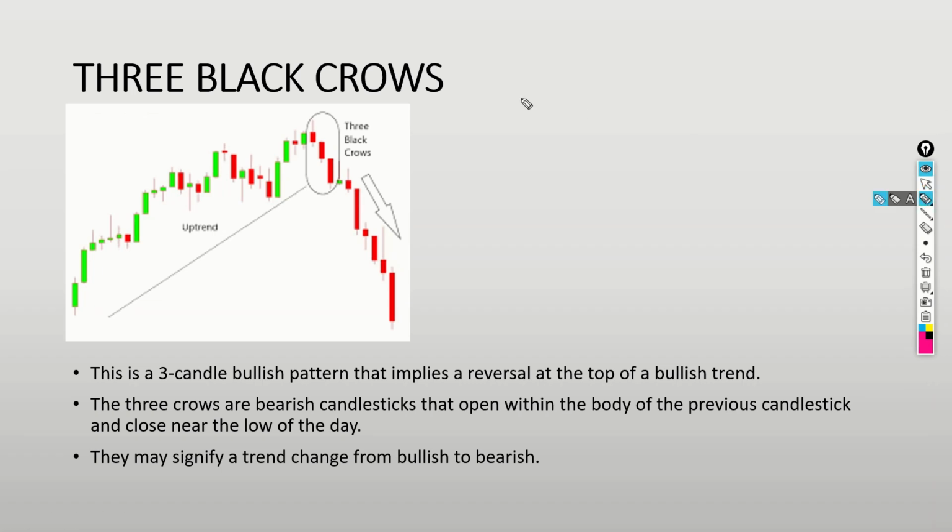So we are going to be looking at another candlestick pattern called the three black crows. This is a three candle bearish pattern that implies a reversal at the top of a bullish trend. Okay, so the three crows are bearish candlesticks that open within the body of the previous candlestick and close near the low of the day.